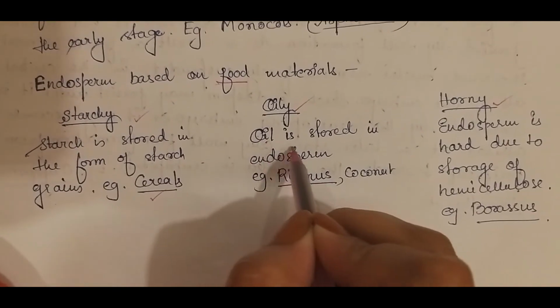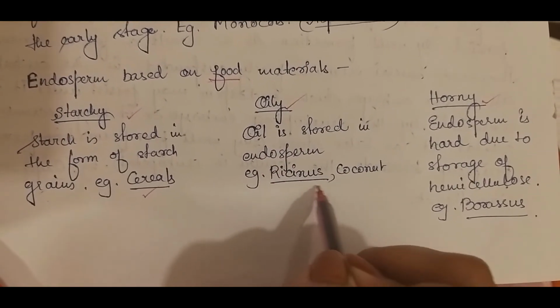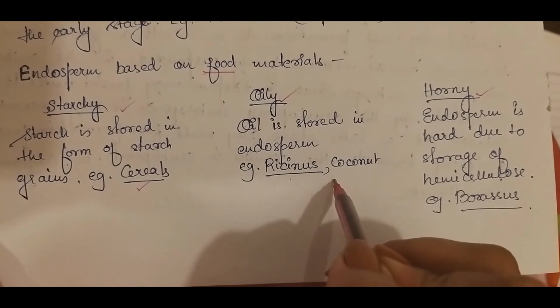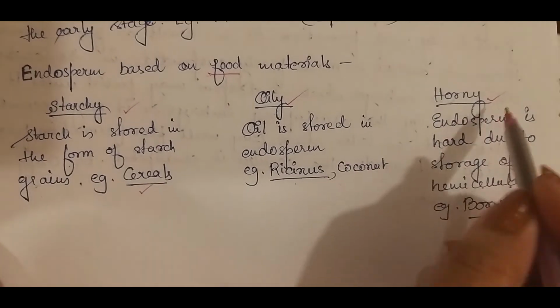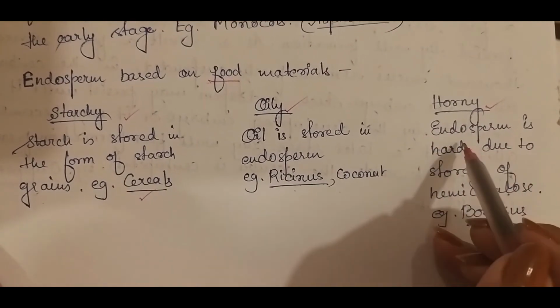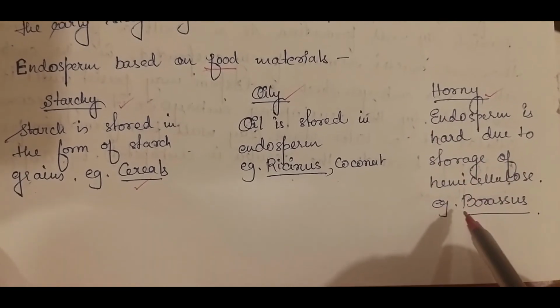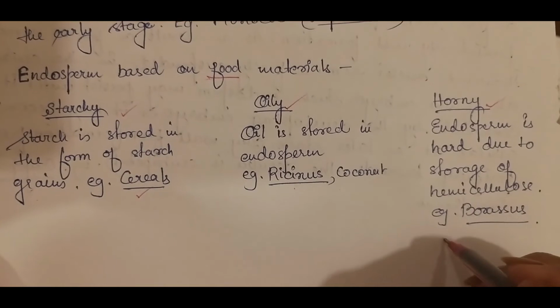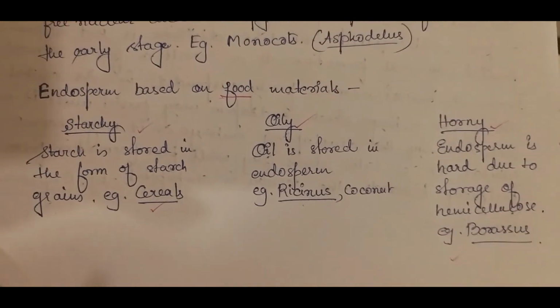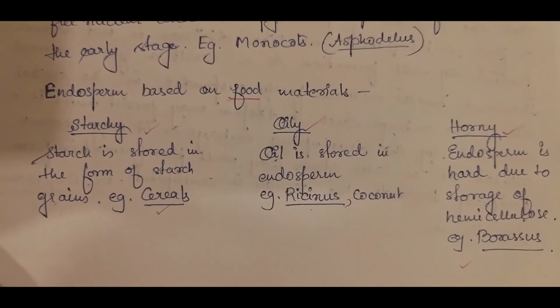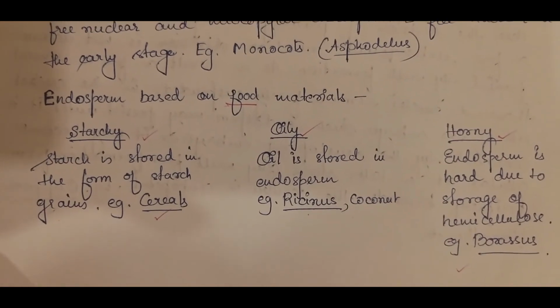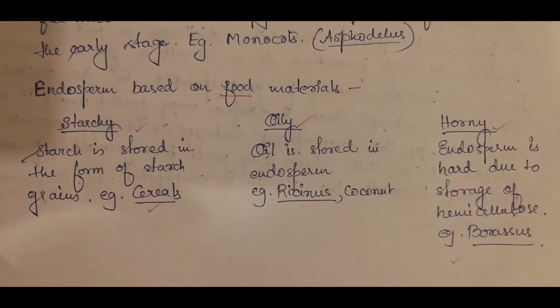Oily endosperm, oil is stored in endosperm like Ricinus, coconut. Horny endosperm is hard due to storage of hemicellulose. You can find it in Borassus. Okay, so this is how we complete our brief and quick revision of endosperm.